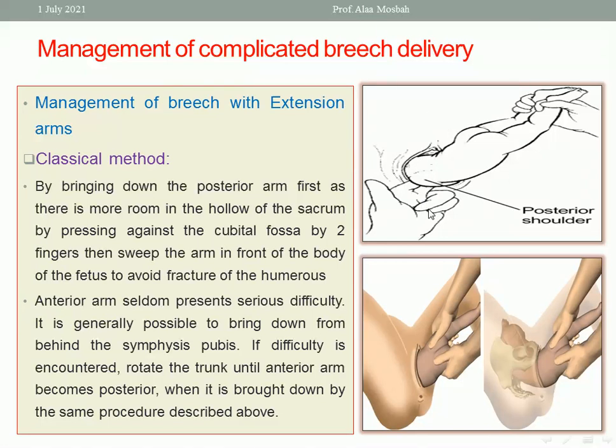This is called the classical method. If you deliver the posterior arm but can't deliver the anterior shoulder from behind the symphysis, rotate the trunk 180 degrees so the anterior shoulder will be posterior, and then deliver it as the first one.